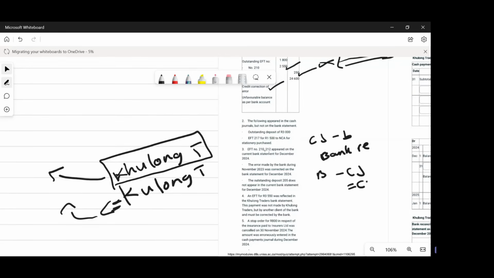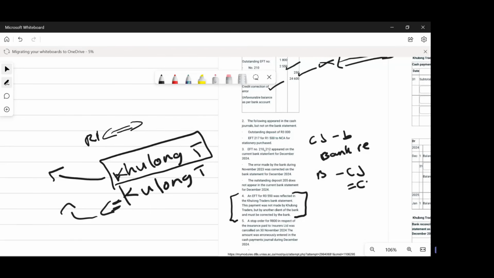So now if this happens, we need to record that error in the bank recon to say the bank needs to rectify this error. That transaction is not of our business. You understand? Okay. This is what they're talking about right here: an EFT for 3,550 was reflected in the Kulong Traders bank statement. This payment was not made by Kulong Traders, but by another client of the bank and must be corrected.